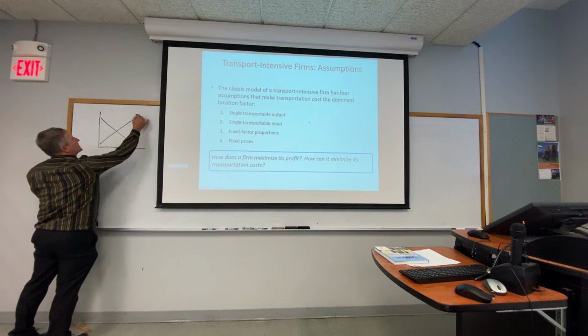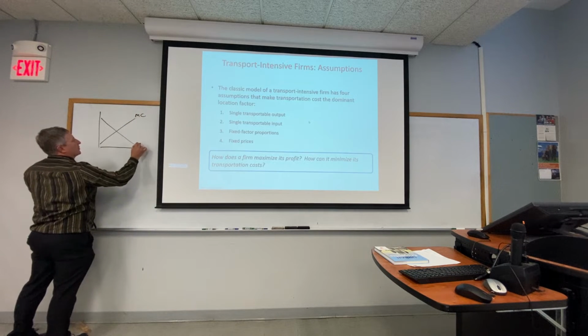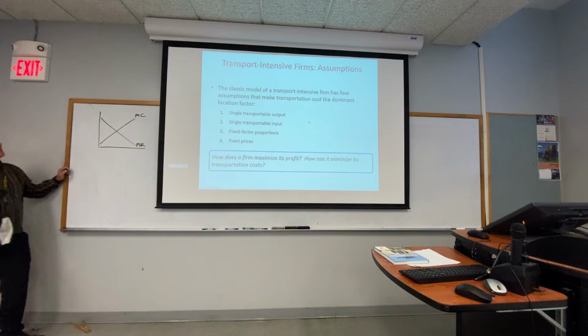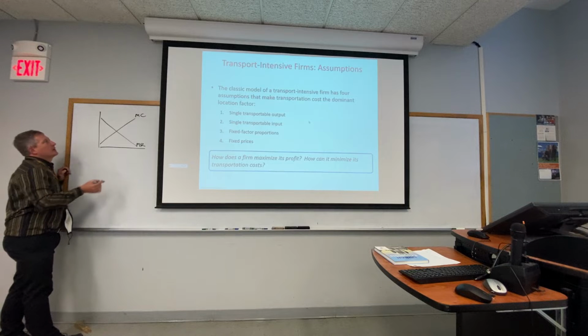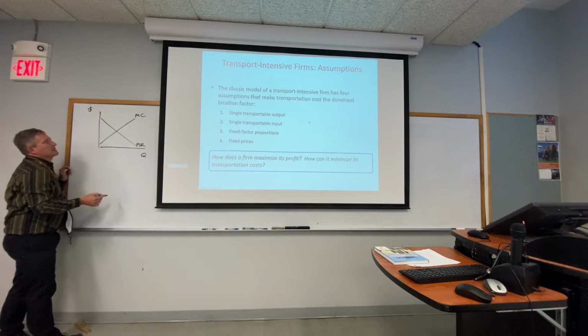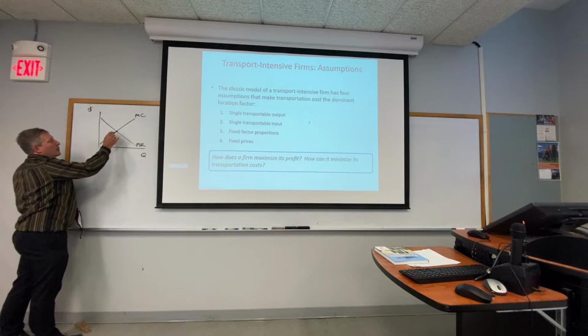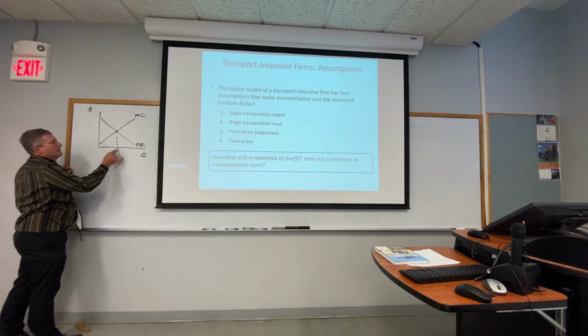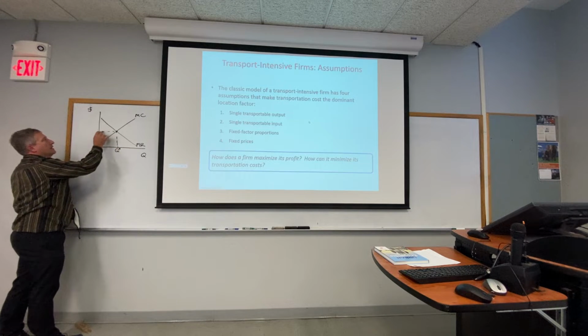Let's go ahead and use marginal cost and marginal revenue. It might look like that if we have a downward sloping marginal revenue curve. And where does the firm maximize profits? By producing the quantity where the revenue generated by the last unit is equal to the cost of the last unit.